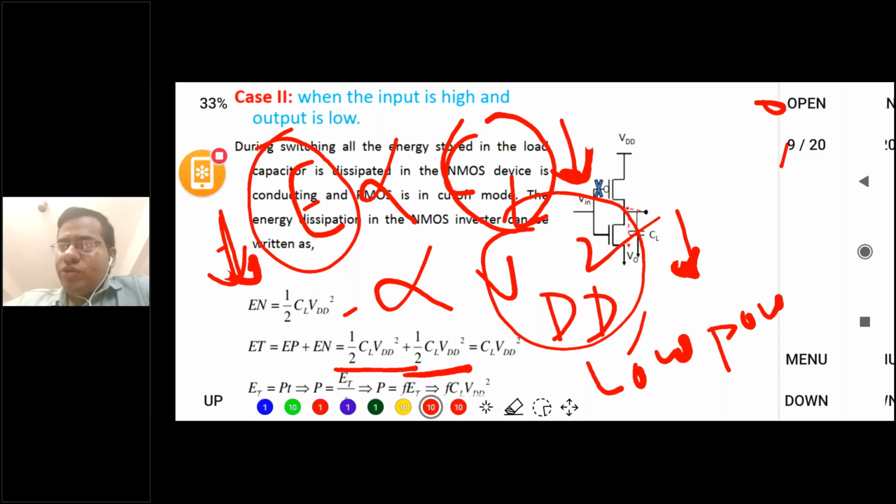That means your power dissipation is less, and your circuit is a low power circuit. So those two values you must control. Then you are capable of controlling the total power dissipated in your circuit. Okay, so I think you understand this formula.